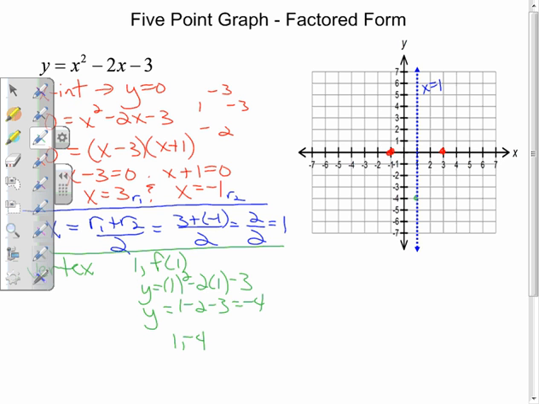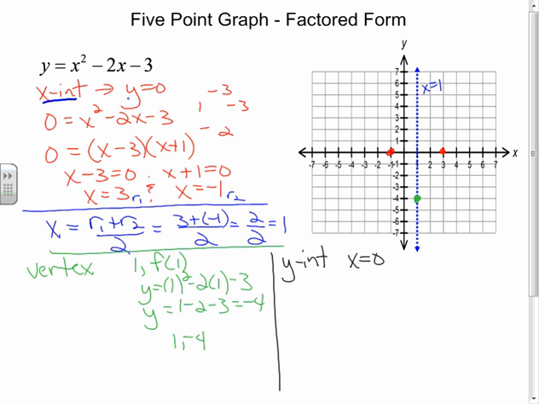and that is going to give me the vertex. Now, for the y-intercept, we want a knee-jerk reaction when we say y-intercept, and that knee-jerk reaction is x equals 0. Similarly, when we say x-intercept, we want to say y is 0. But for y-intercept, we want to say x is 0.